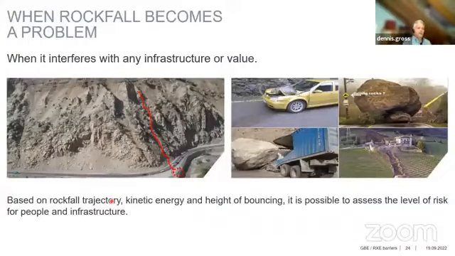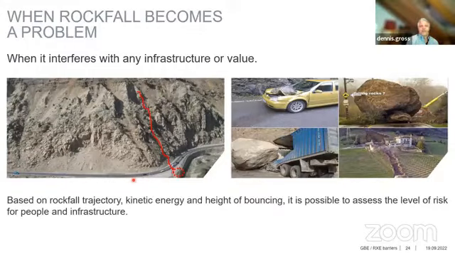But before that, we have to address what is rockfall, respectively, what are the necessary parameters which we need to assess or have a better idea of to come up with a proper solution.